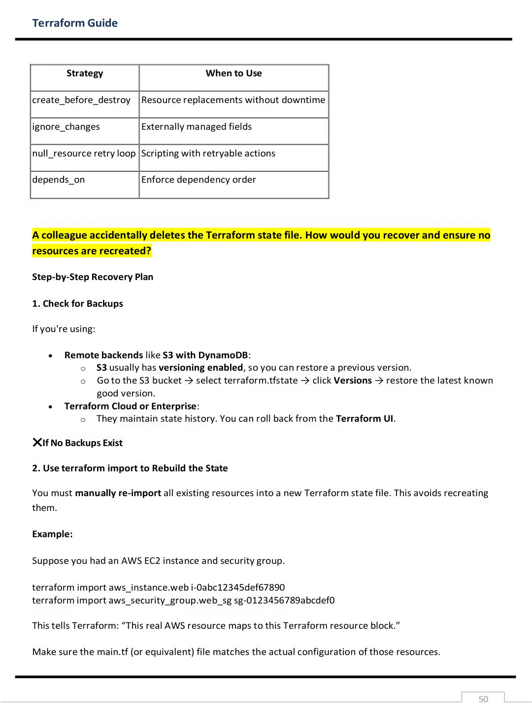This tells Terraform that this real AWS resource maps to this Terraform resource block. Make sure the main.tf, or equivalent, file matches the actual configuration of those resources.